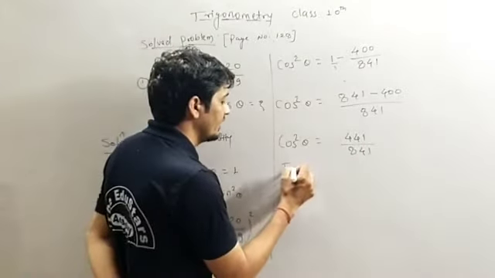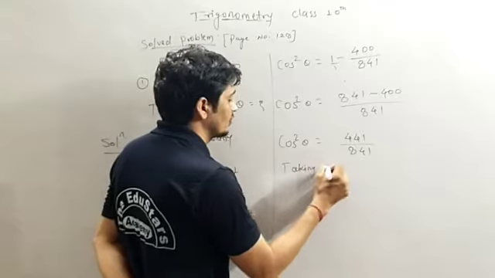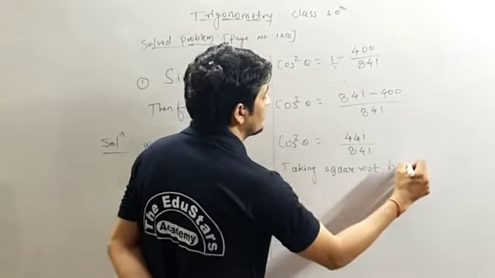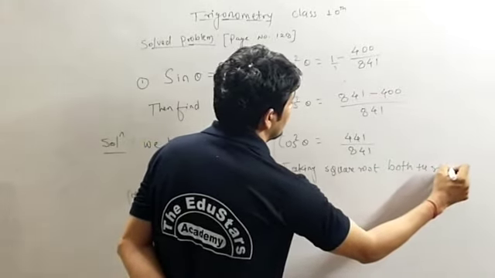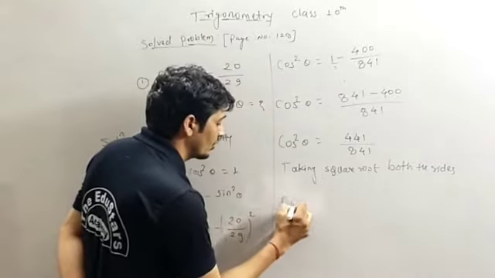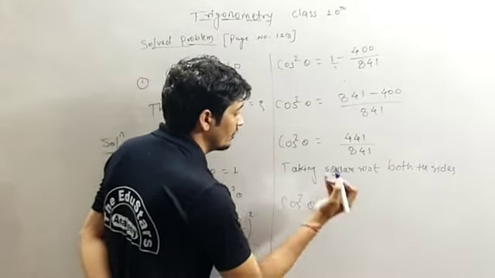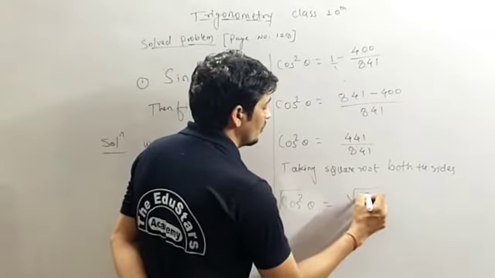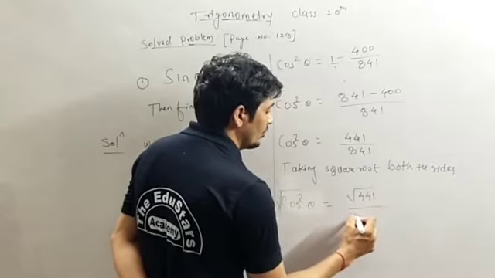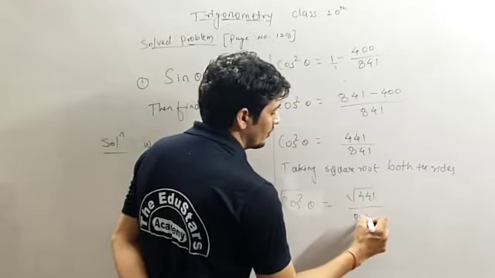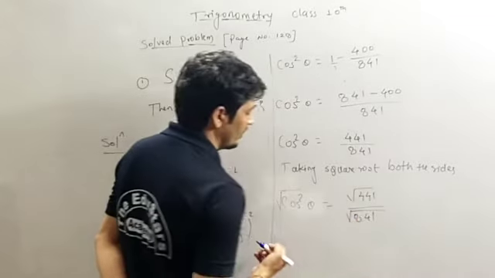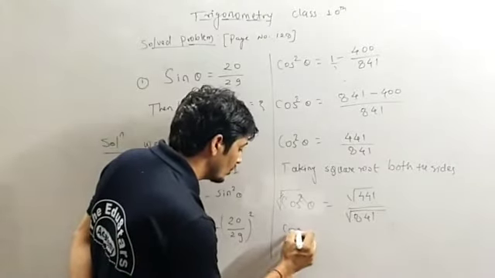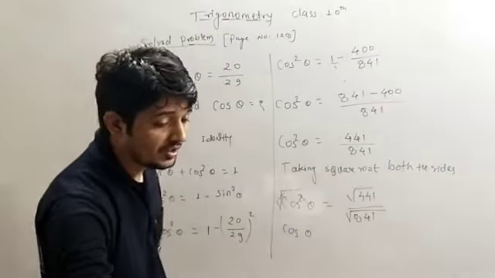Taking square root both the sides, we get root of cos square theta equals root of 441 divided by root of 841. Here square and root get cancelled, so we get cos theta.